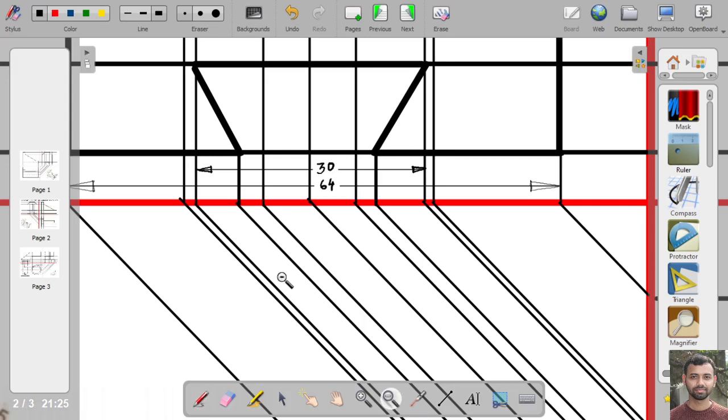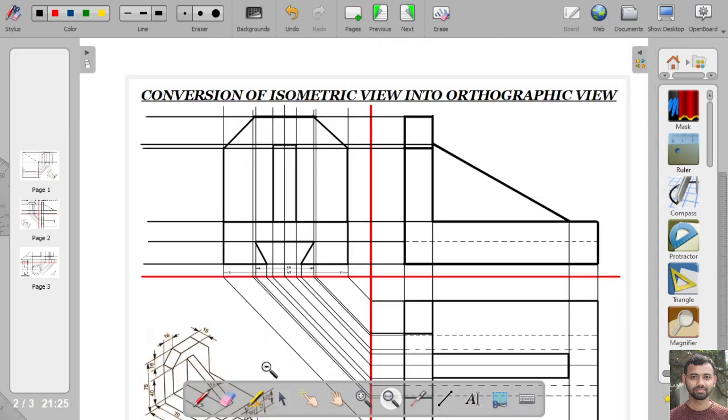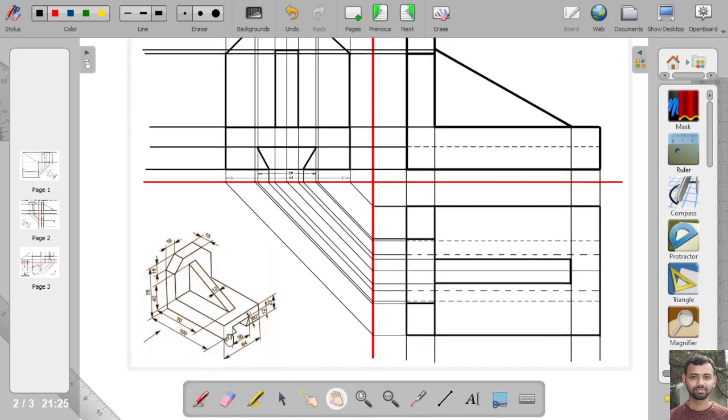Okay, so next dimension is this part. Now this portion can be seen in the true shape in the front view only. So we will show this dimension in the front view only. So in the front view, this dimension is 70 mm. From this point to this point, this dimension is 70 mm, and this total dimension is given as 100 mm.